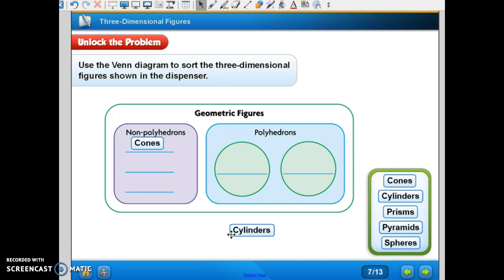Non-polyhedrons. Natalie, what about prisms? They are polyhedrons. They have those shapes as bases. How about a pyramid, Cheyenne? A pyramid, polyhedron. Okay, and that leaves spheres. So if it's circular on its base or has no base like the sphere, they are non-polyhedrons.